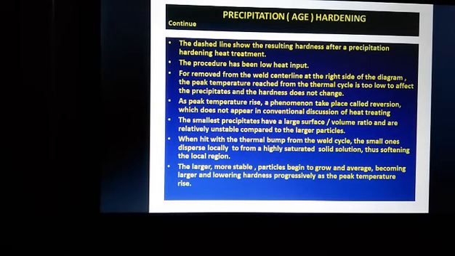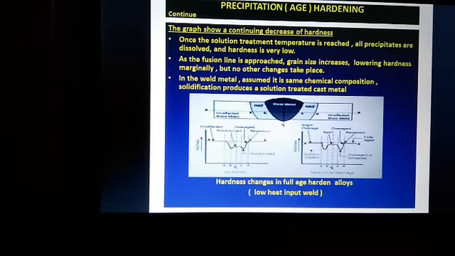The larger, more stable particles begin to grow and coarsen, becoming larger and lowering hardness progressively as the peak temperature rises. The graph shows the continuous decrease in hardness once the solution treatment temperature is reached. All precipitates are dissolved and hardness is very low.